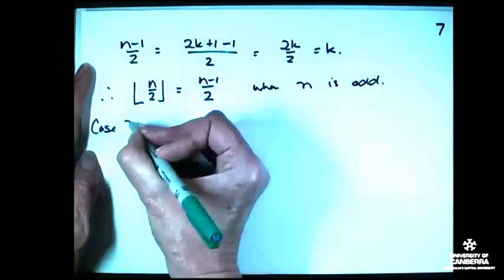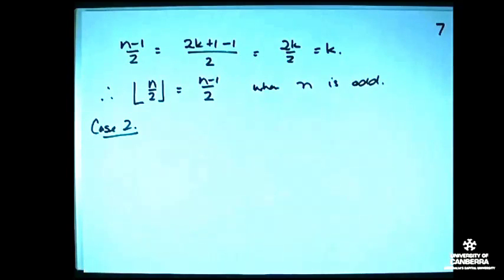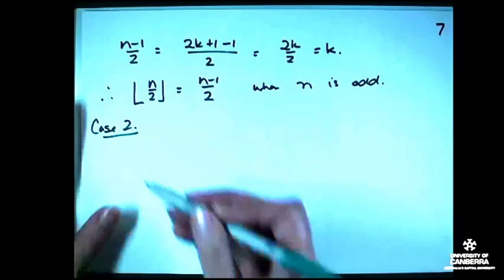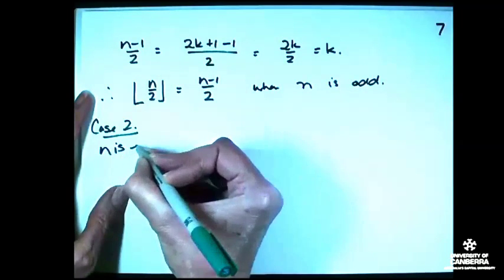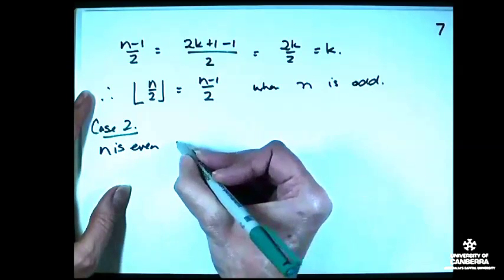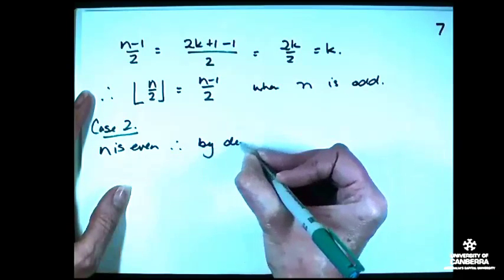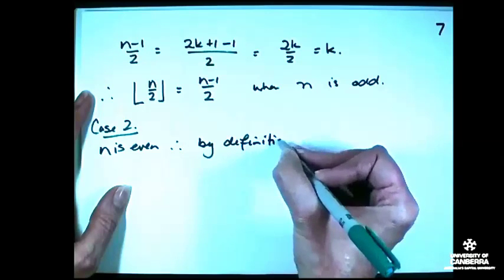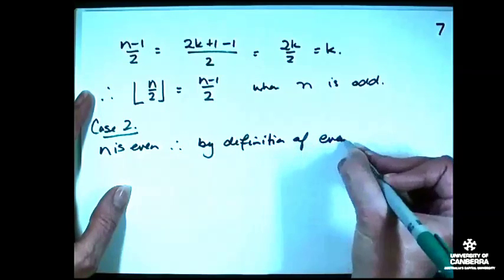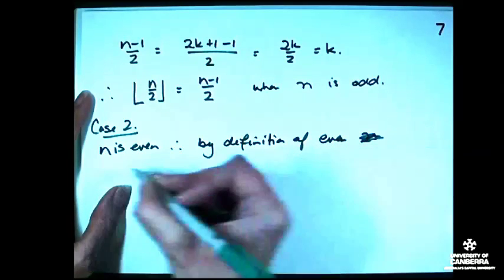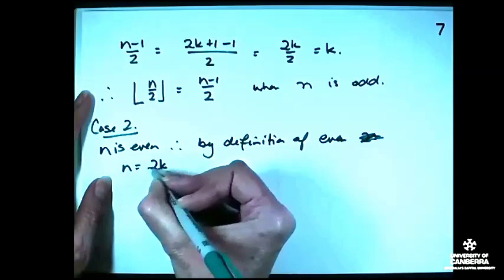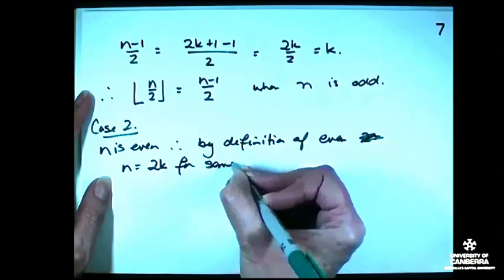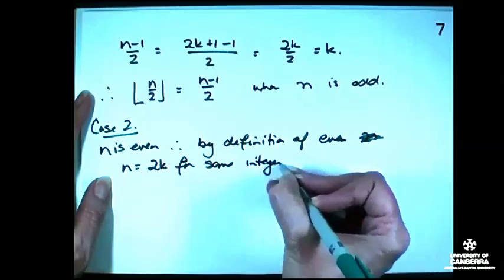Case 2. When n is even, therefore, by the definition of even, n is equal to 2k for some integer k.